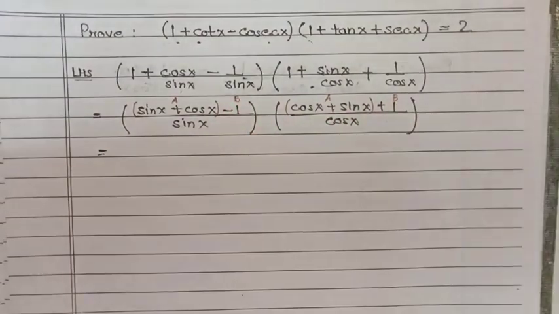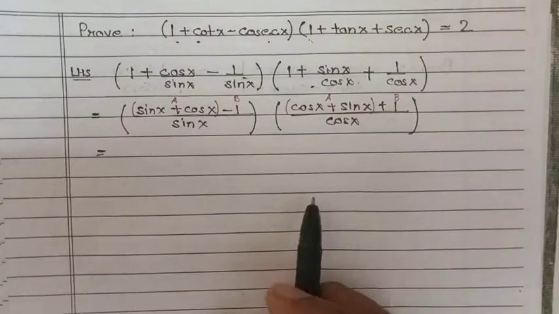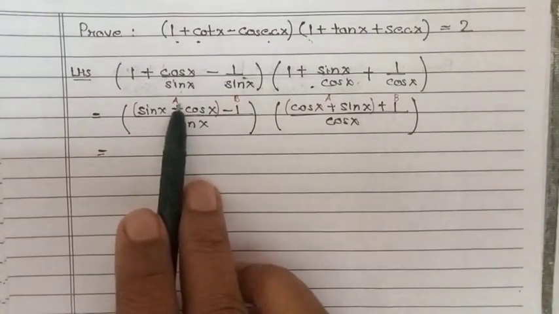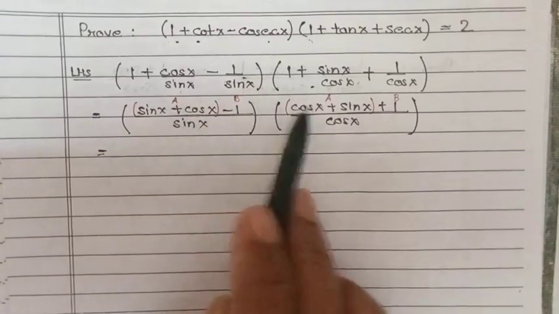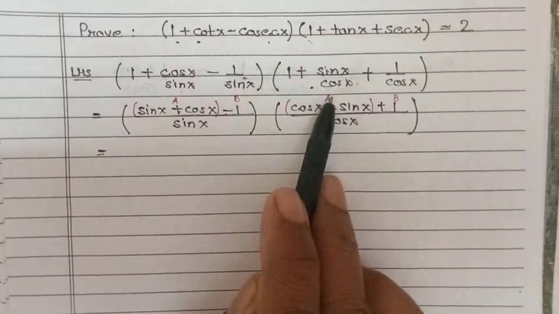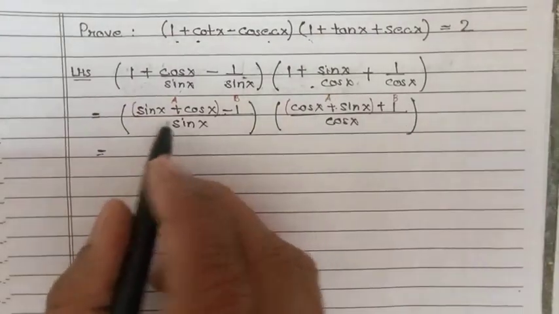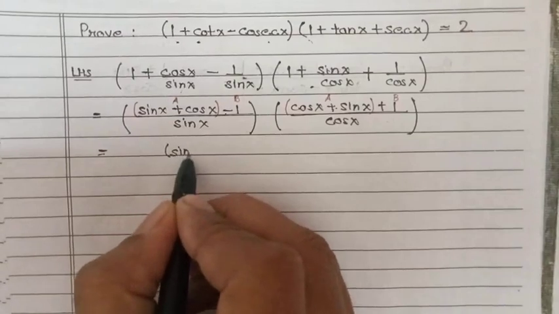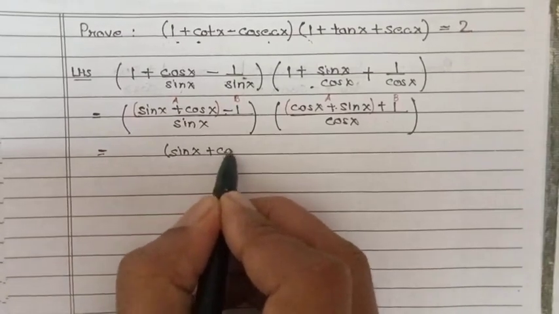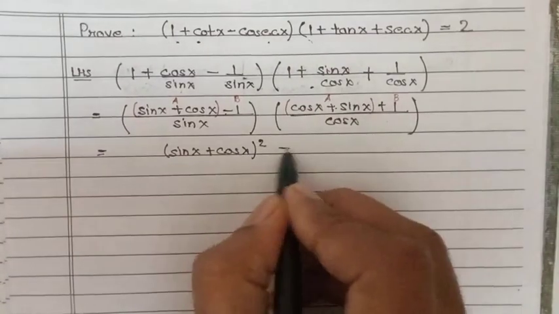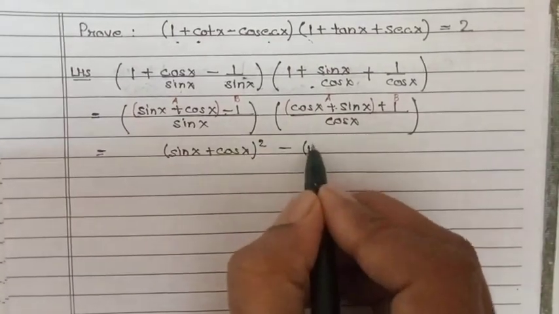So what we can do here, this will make our multiplication a little bit easy. Sine x plus cos x considered as a, so this will become a minus b into a plus b. So that will give you a square minus b square. So a is sine x plus cos x, a square minus b is 1.